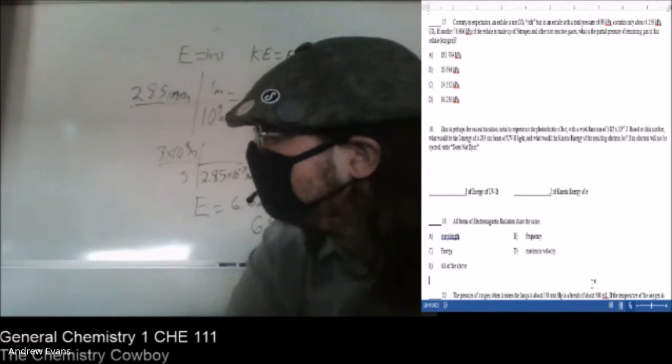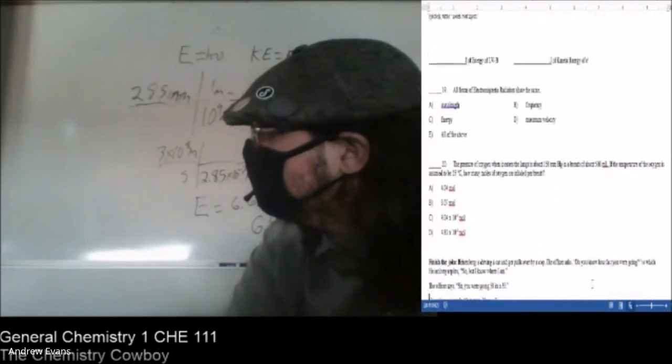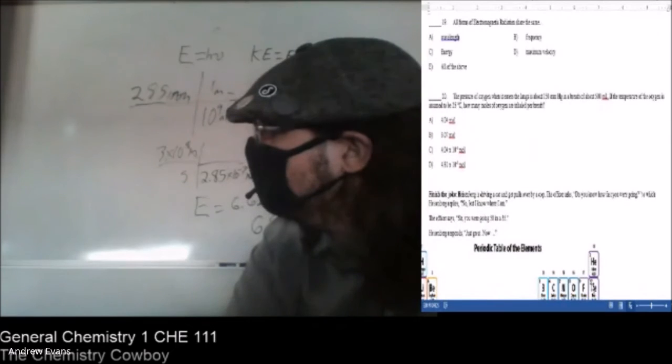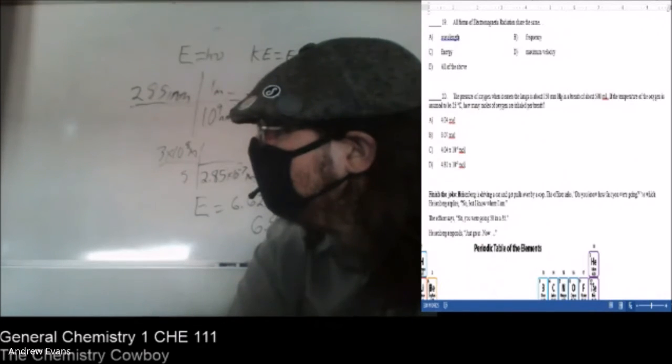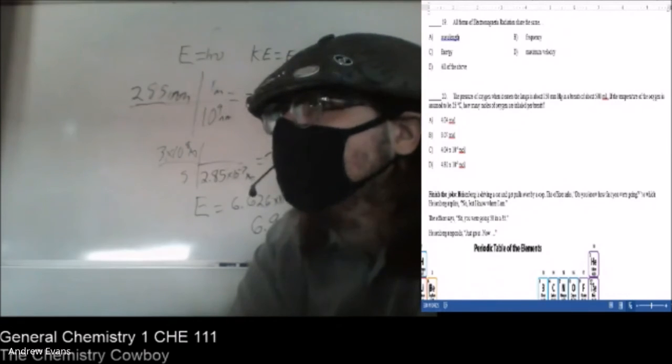Finally, the bonus question, which is: Heisenberg is driving a car and gets pulled over by an officer. Do you know how fast you're going? He says, no, but I know where I am. The officer says, so you're going 50 in a 35. He says, just great, now I don't know where I am.